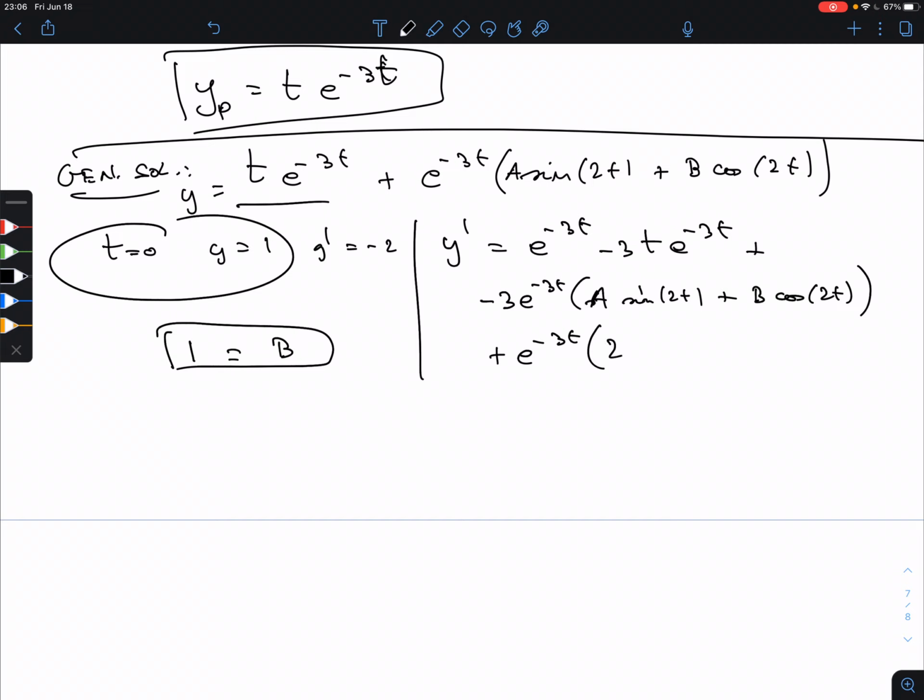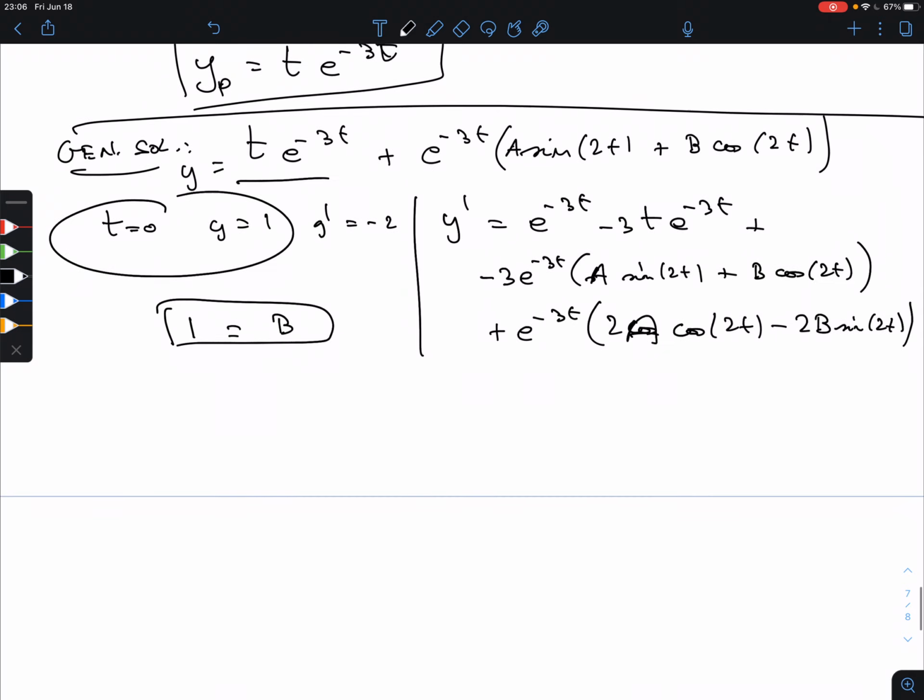That's a 2 from the sine inside there. The derivative of sine is cosine. Oh, there's an a here: 2a cosine 2t, and the derivative of cosine is negative, so negative 2b sine 2t. Yeah, this time I wrote a sine first instead of cosine. The order, again, is not important.